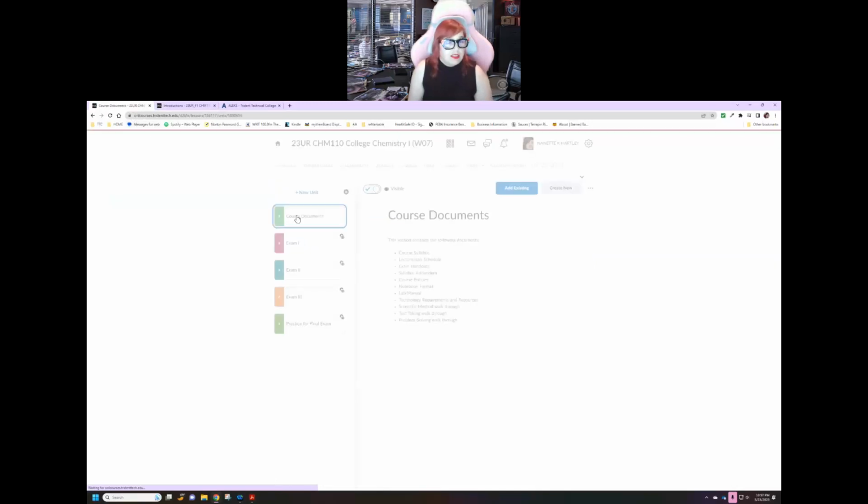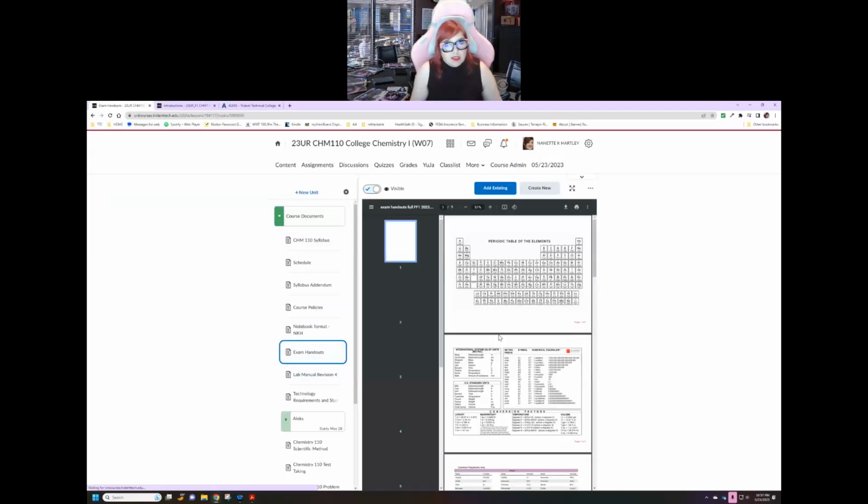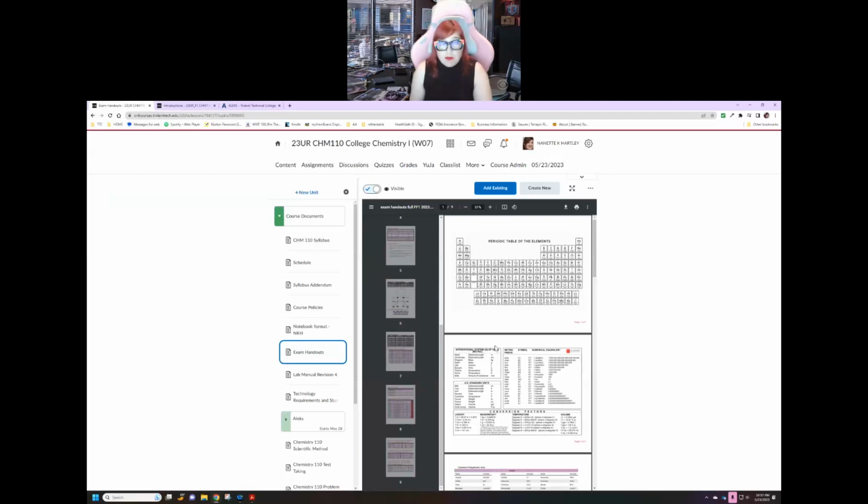And if we go into content, I'll have all of our documents here. There's the lab manual, there's your exam handouts, and I need to mention this. This document should change in the next couple days. But this set of documents, I absolutely expect that you're going to print this and use it on your exams.